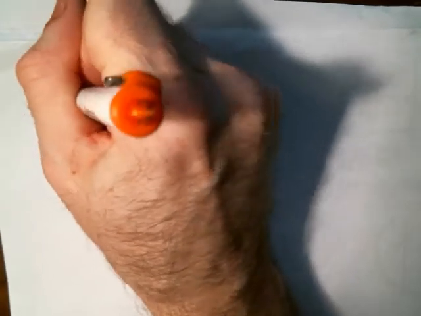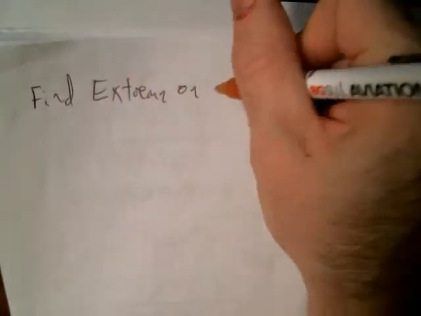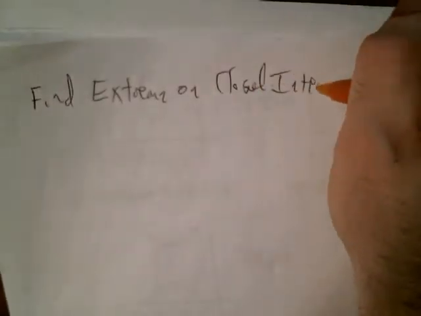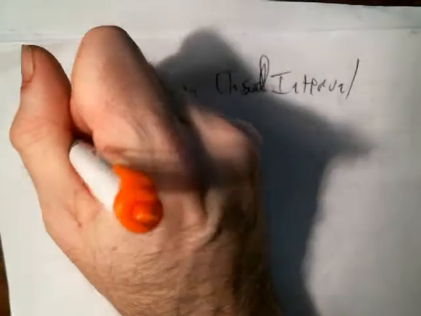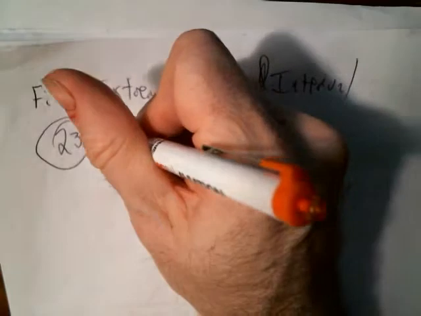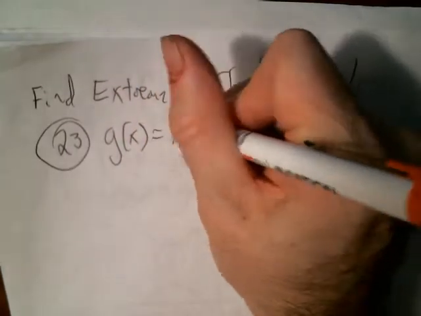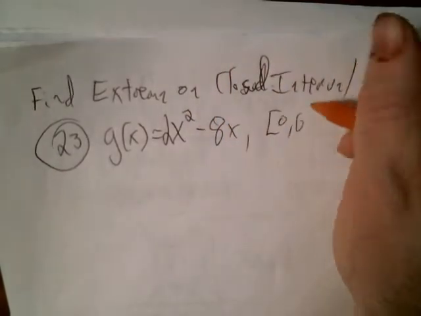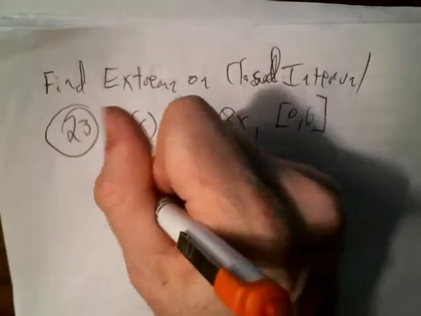Find the extrema on the closed interval. Okay. And it's pretty simple, like I said. Here's 23. We have g of x equaling 2x squared minus 8x on the interval from 0 to 6. Okay, so what are we doing? We're finding the critical numbers.